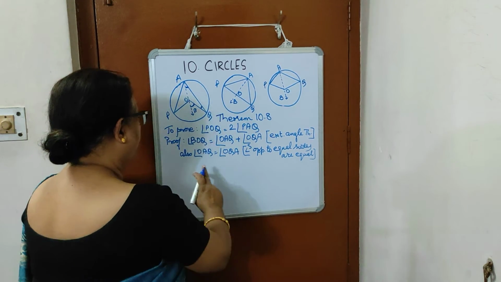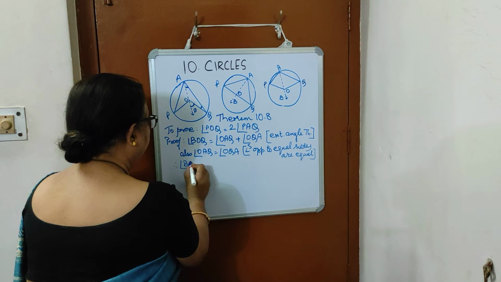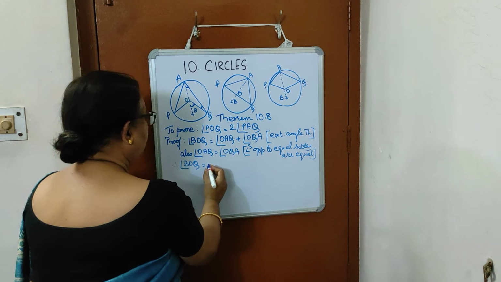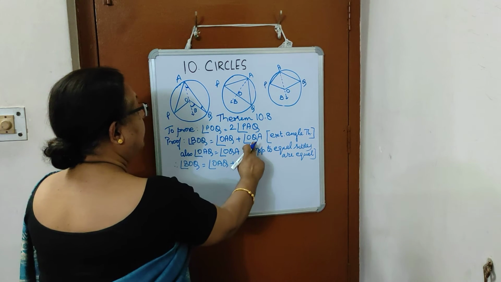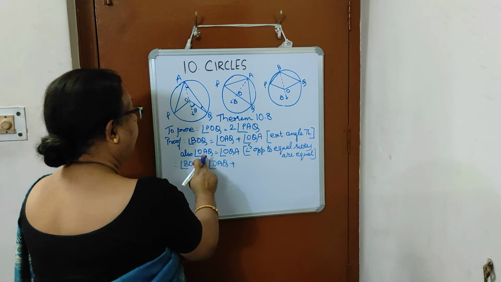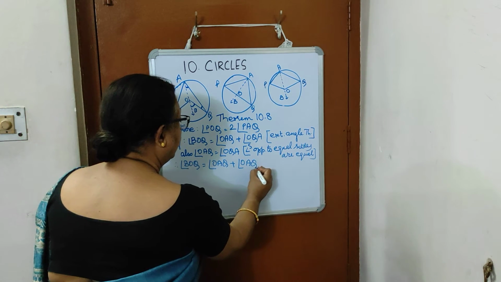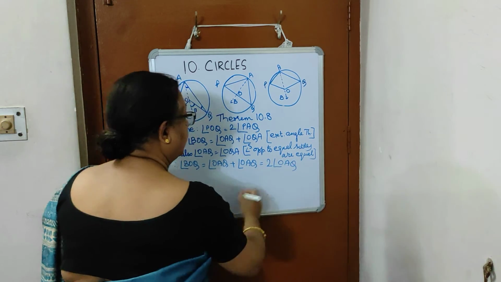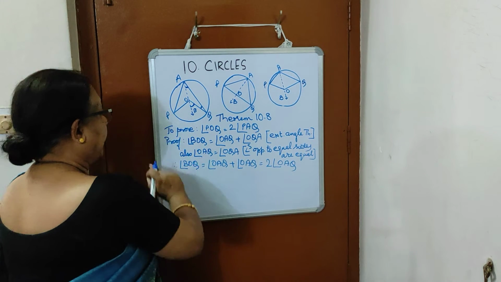So therefore what can we write? Therefore angle BOQ equals OAQ plus, instead of OQA we can again write OAQ, that is twice angle OAQ. Okay, children. Now similarly, let's come to the other side.